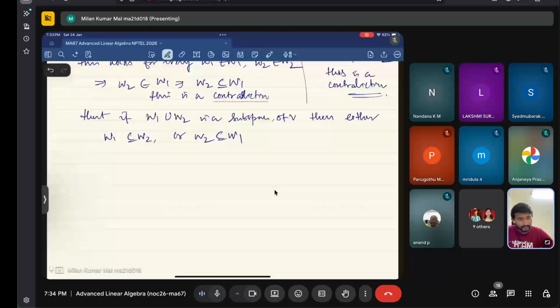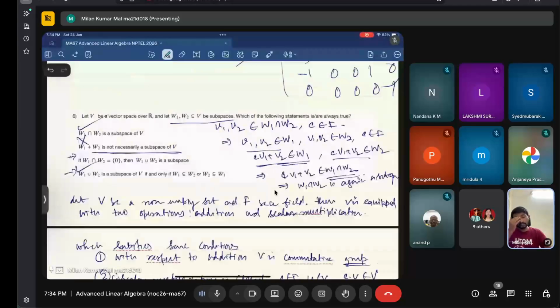Now let's look at the third statement. What it says: if W1 intersection W2 is 0, then W1 union W2 is a subspace. That's not necessary. Unless W1 is a subset of W2 or W2 is a subset of W1, W1 union W2 will not be a subspace.